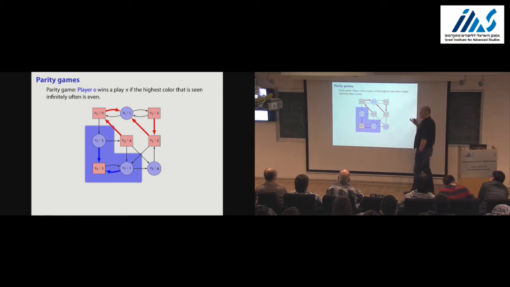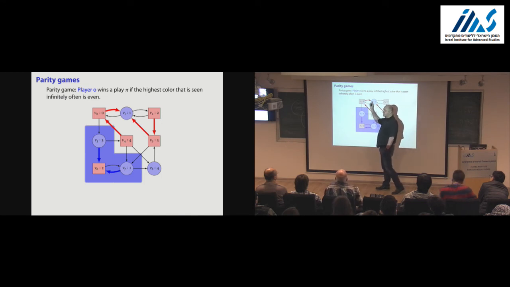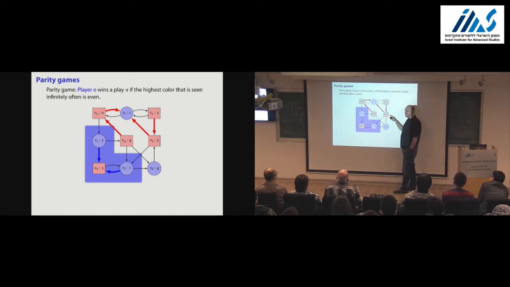Now, what makes this sort of fascinating is that it's my choice how I want to lose the game, right? I can play like this and lose with color 1, or I can play like this and lose with color 3, or of course I can alternate between doing the two things, in which case I also lose via color 3.